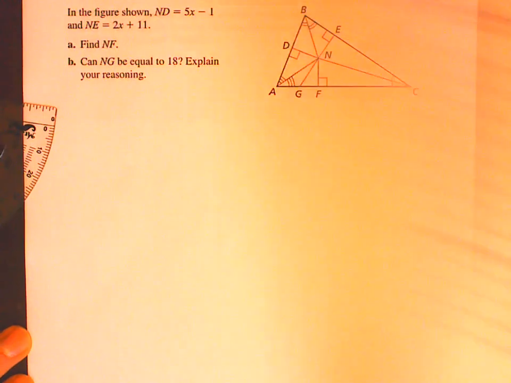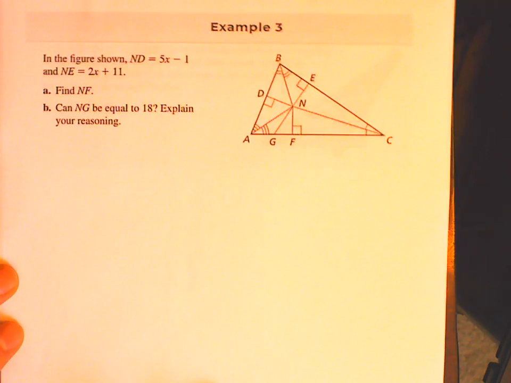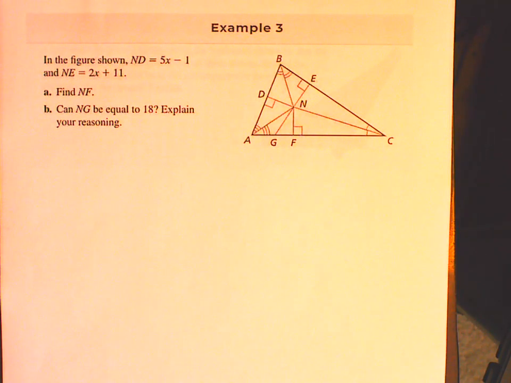Let's look at the next example. Okay, so let's look at what we have here. In the following figure, ND equals 5x minus 1, NE equals 2x plus 11. Find NF, and can NG be equal to 18?